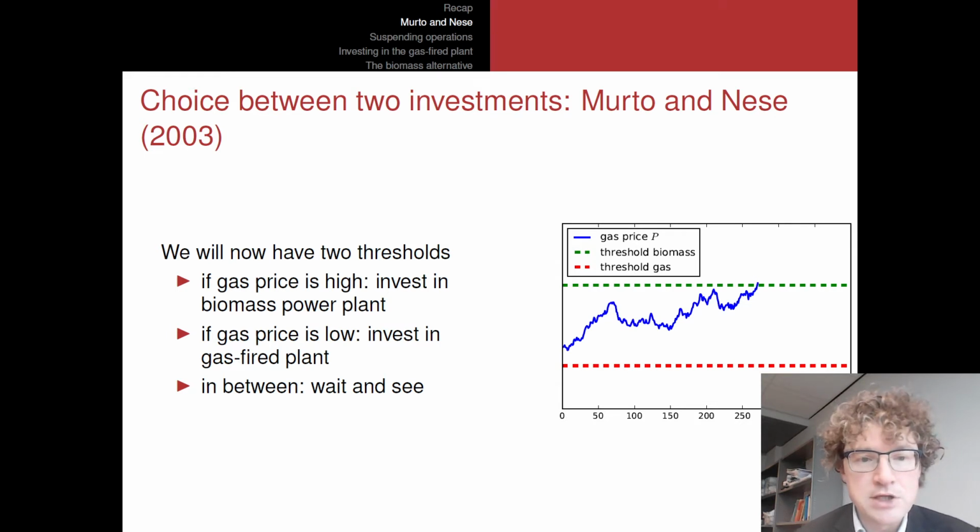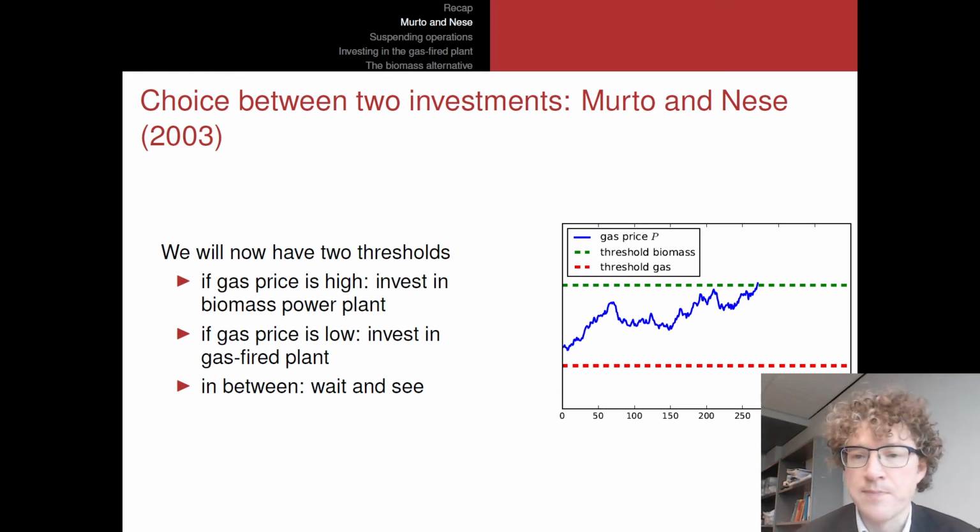If the gas price is low, on the other hand, it's going to be really attractive to invest into the gas-fired plant, because then you make a nice margin on selling the electricity over the input cost of gas. And now the interesting case is if the gas price is in between two thresholds, the green one and the red one in this case. Then it's going to pay to wait. It might go either way.